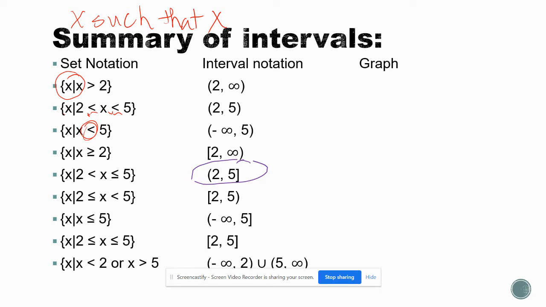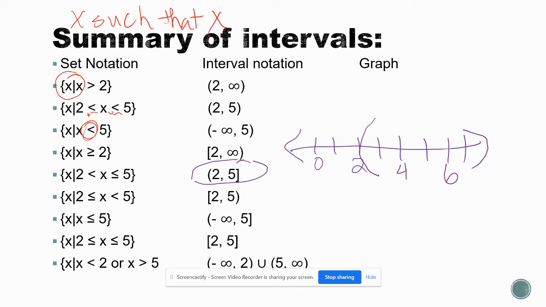So we're looking at this one, and it goes from 2 to 5. So we have a parenthesis at 2 because that was not equal to, and a bracket at 5 because it was equal to, and x was in the middle, so we're shading in the middle.